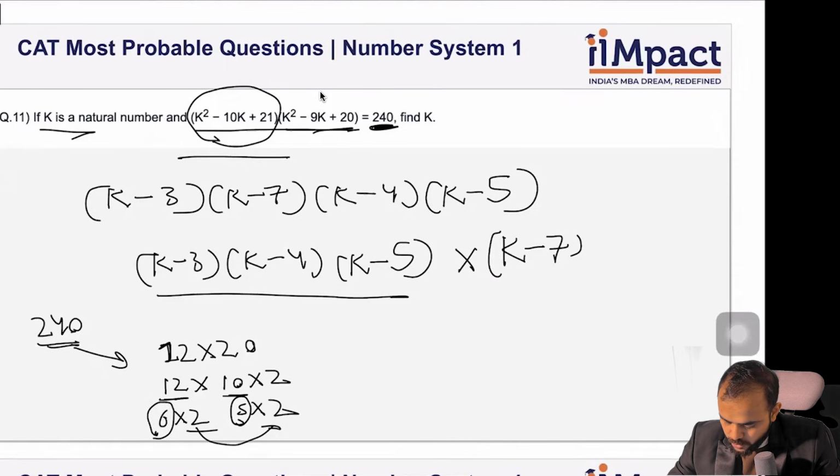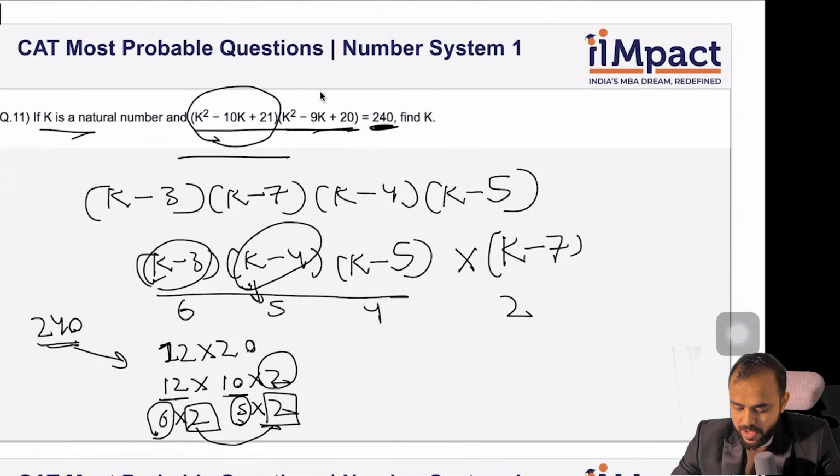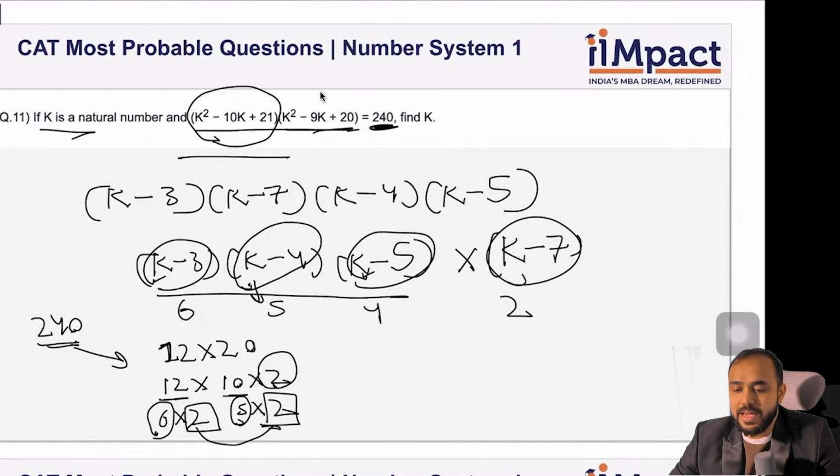Then 4 would also satisfy that pattern and I'll be left with 2. So if I take this as 6, 5, 4 and this as 2, I will get my product as 240. And is there a same value of k? This is giving k as 9, k minus 4 is equal to 5. This is giving k as 9 and this is giving k as 9. So my answer for this is k is equal to 9.